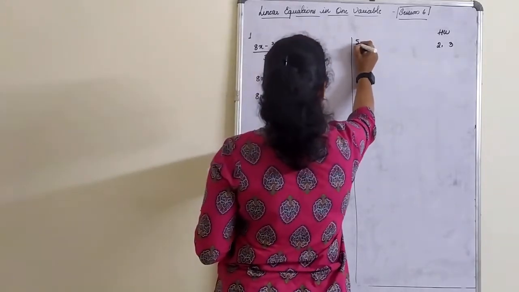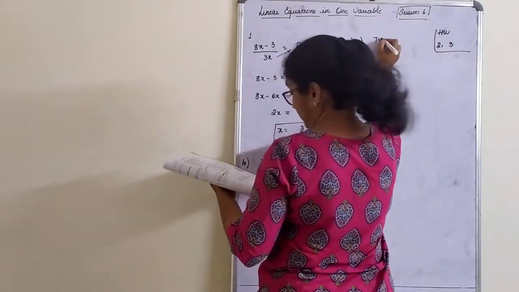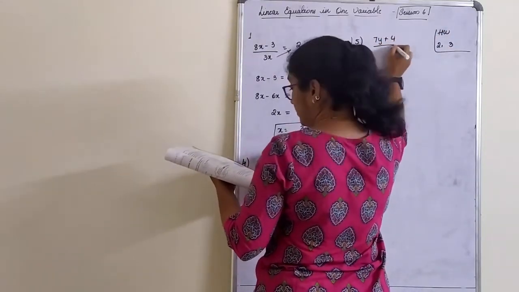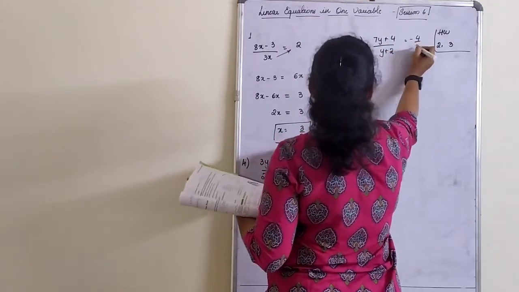Fifth one, (7y plus 4) divided by (y plus 2) is equal to minus 4 by 3.